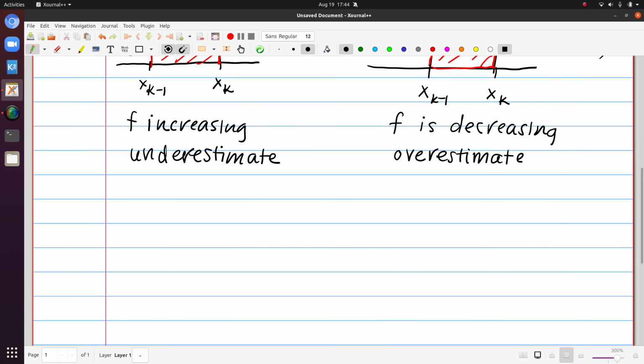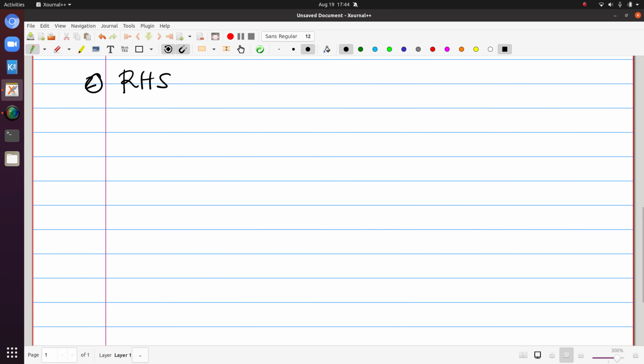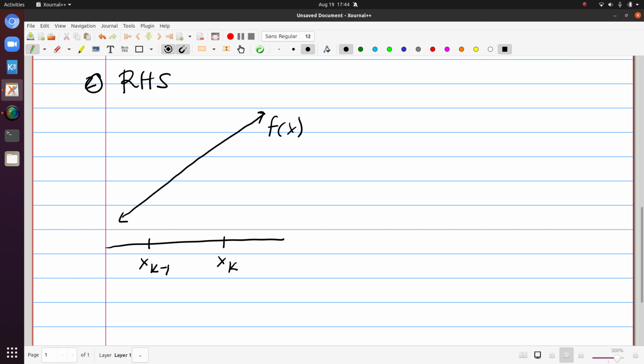Let's think about now the right-hand sum. And I'm going to do a very similar kind of picture here. So if I were to draw an arbitrary increasing function with my kth subinterval, and over here, I'll draw an arbitrary decreasing function with the same general subinterval.